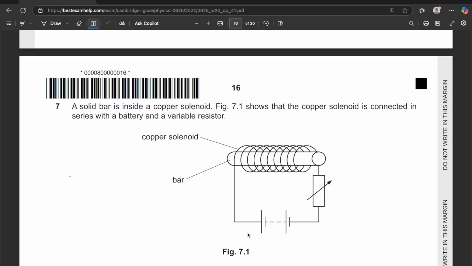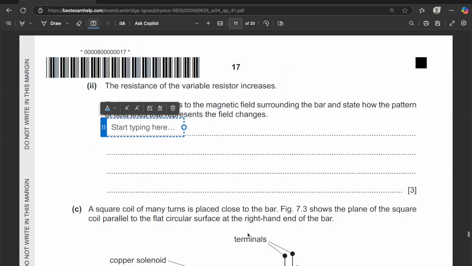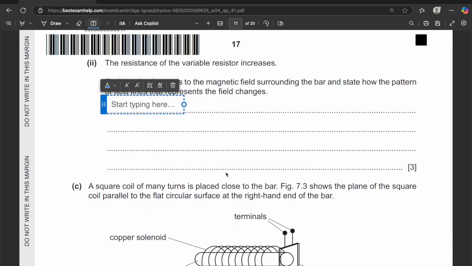If the current decreases, then the induced magnetic field strength will also decrease. And for the pattern, if the strength is decreased, then the field lines will be farther from each other. That's how you show the low strength of the magnetic field.